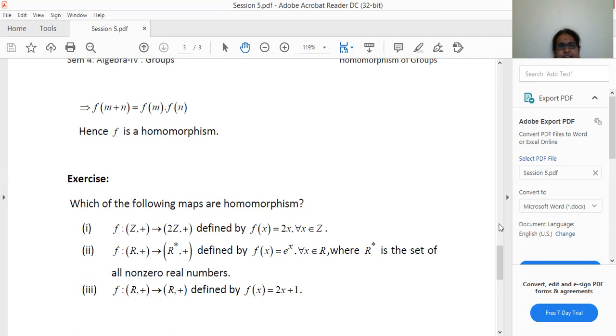So f of x plus f of y is 2x plus 2y. Therefore LHS is equal to RHS. On both sides we are getting 2x plus 2y. Therefore the mapping f from Z comma plus to 2Z comma plus is a homomorphism.